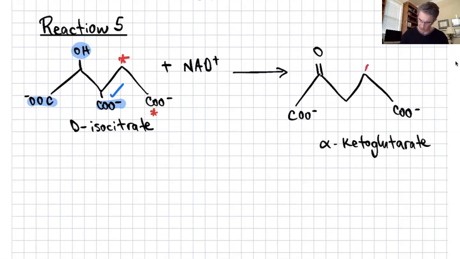We can still keep track of them thanks to the stereospecificity of cis-aconitate and the magic of prochirality. Of course, it creates some NADH. The enzyme that runs this reaction is known as isocitrate dehydrogenase. You could have guessed that one probably, right?